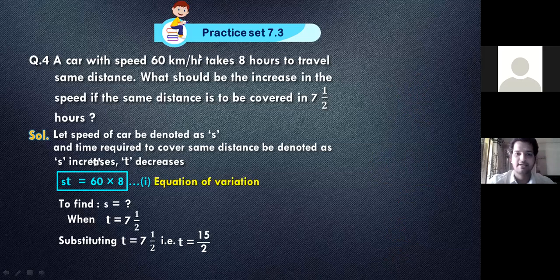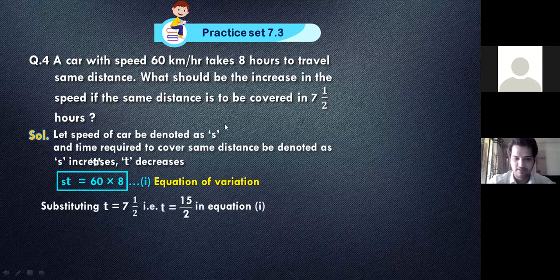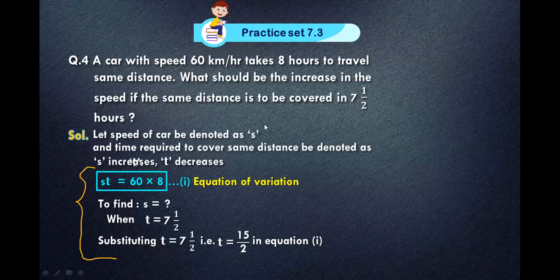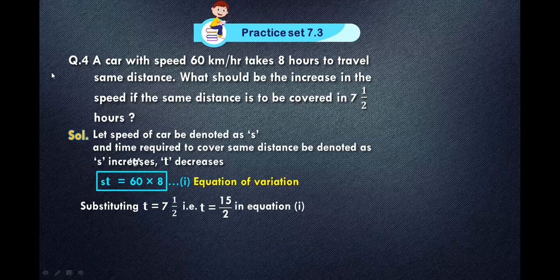So you will take t is equals to 15/2. All right, students, fine. When you substitute t as 15/2 in equation number 1 in the place of t, so s will be as it is. What should we substitute for t?